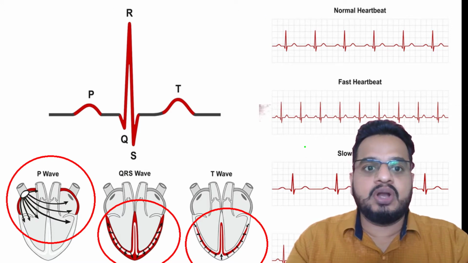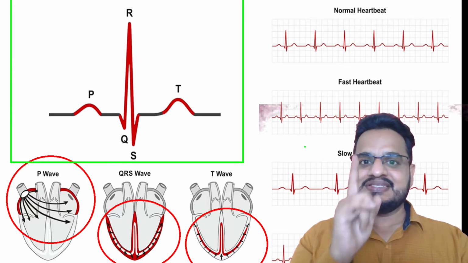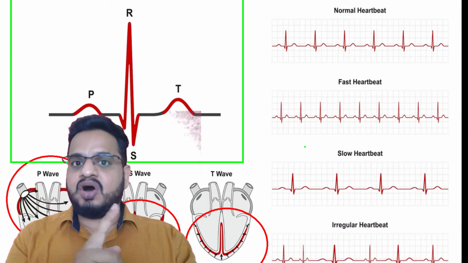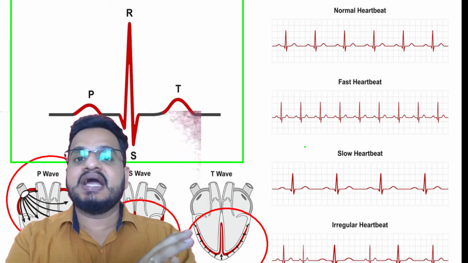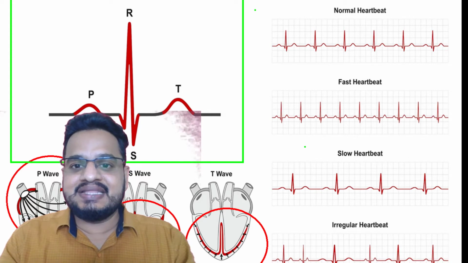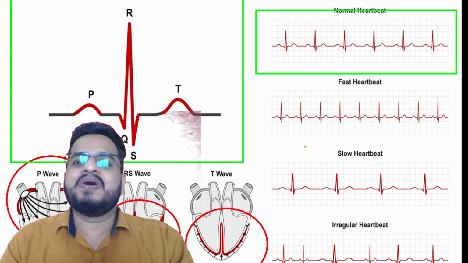Now you know that the normal graph would look like this one. This is the normal way of heartbeat, so the heart is in the rhythm. Now when the heart is in the rhythm, check how beautifully the heartbeats are. Perfect.